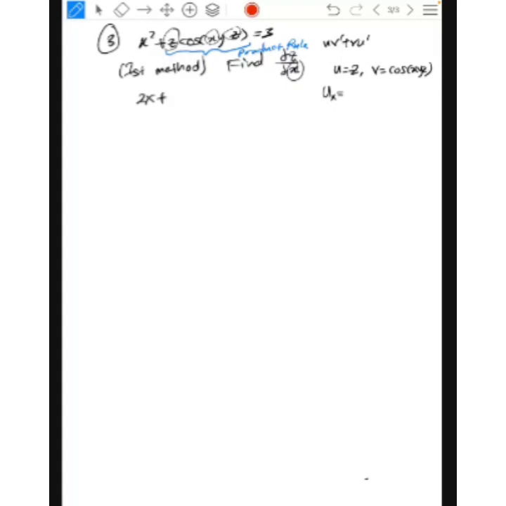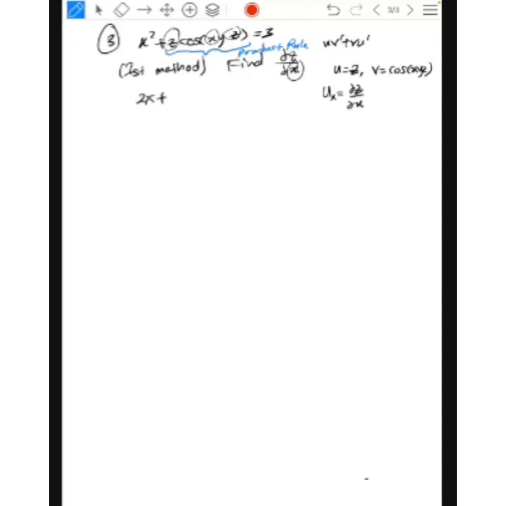So ux will be del z del x. Not 1, not 0, because z is implicit, not constant. So whenever you want to differentiate z, you have to differentiate as it is, and multiply by the differentiation. So differentiating z gives 1, 1 multiplied by del z del x gives del z del x.